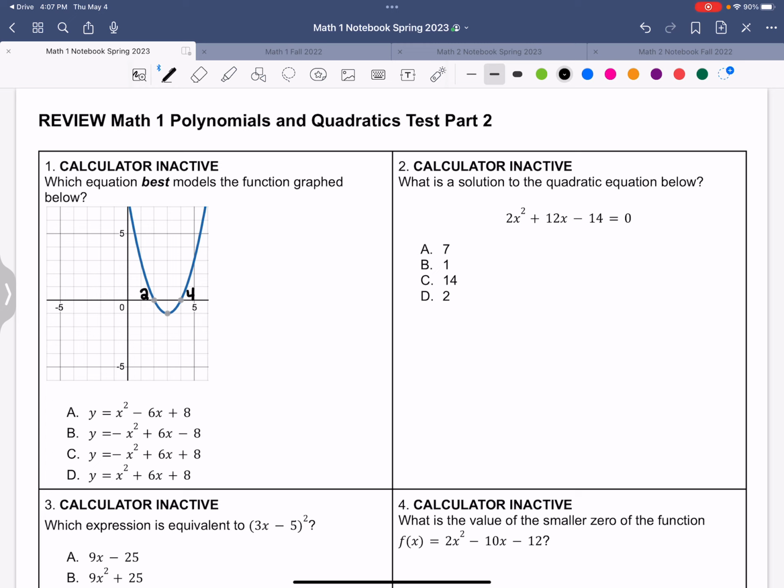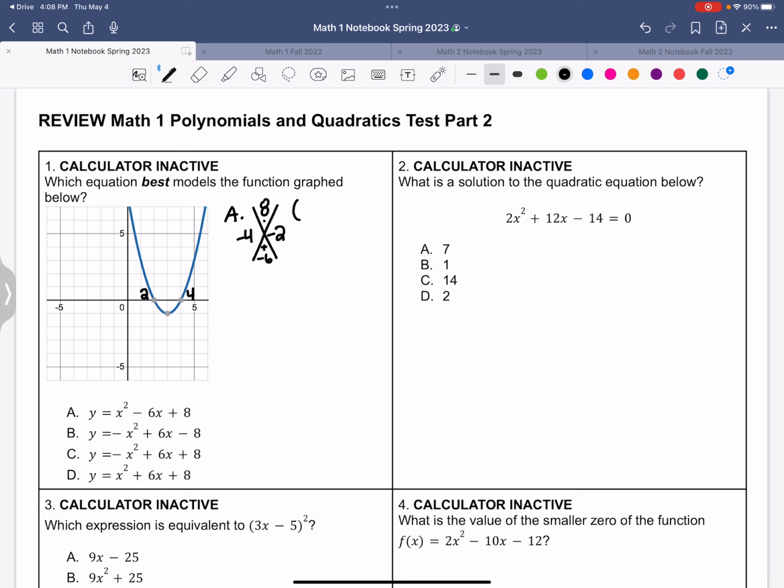So what we need to do is factor each of these options. So A, we have two numbers that multiply to 8 and add up to -6. That would give us 4 and 2, and they would both need to be negative.